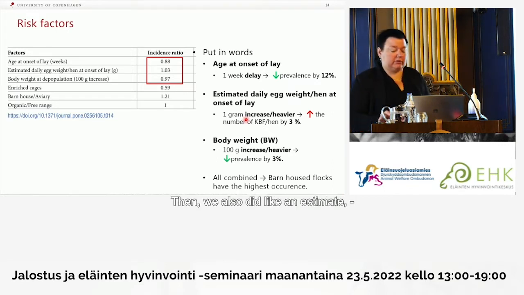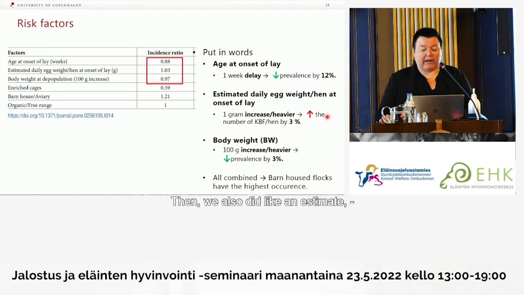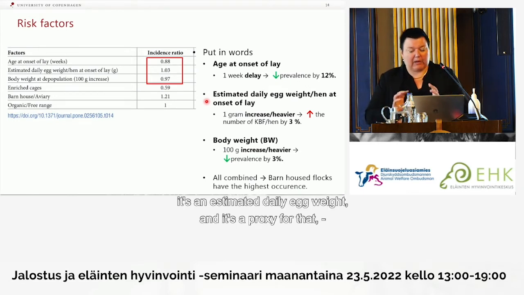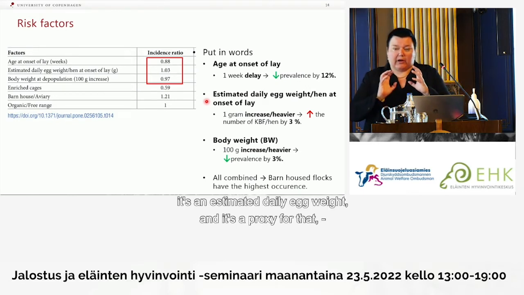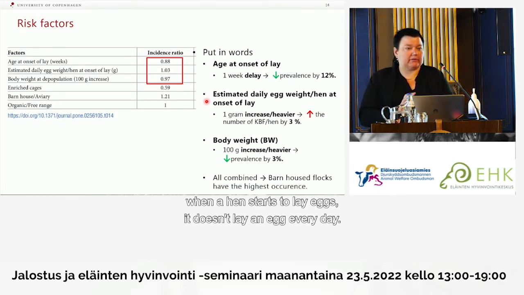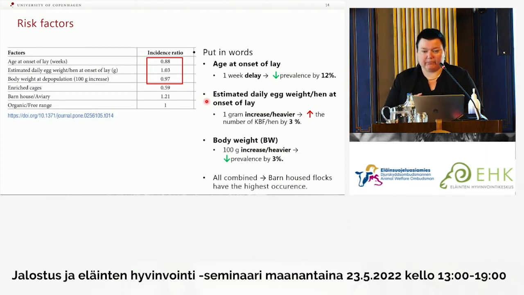Then we also did an estimate, and it's important for me to say it's an estimated daily egg weight, and it's a proxy. When a hen starts laying eggs, it doesn't lay an egg every day.